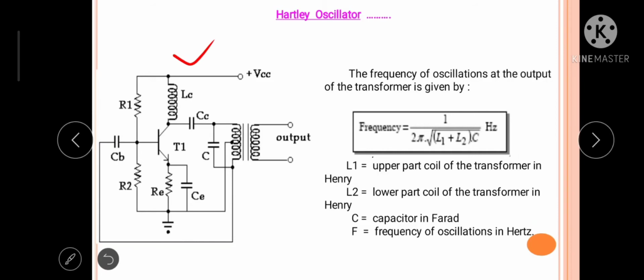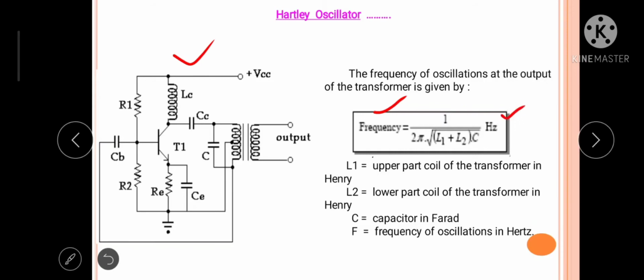The frequency of oscillations at the output of the transformer is given by the equation F equals 1 over 2 pi square root of (L1 plus L2) times C, and as this is frequency, it is measured in the unit Hertz.